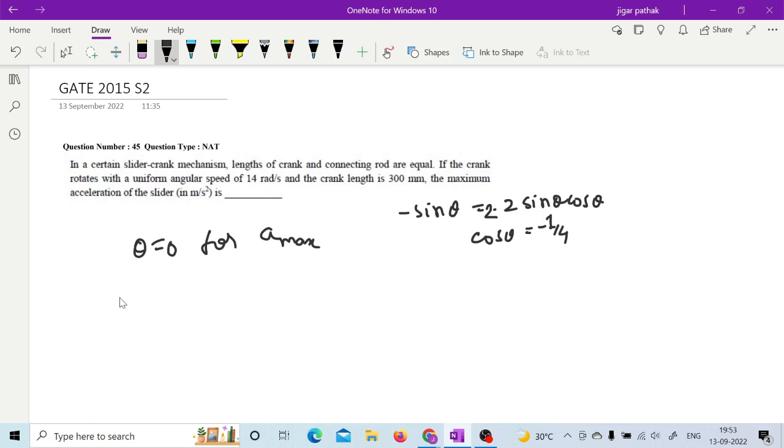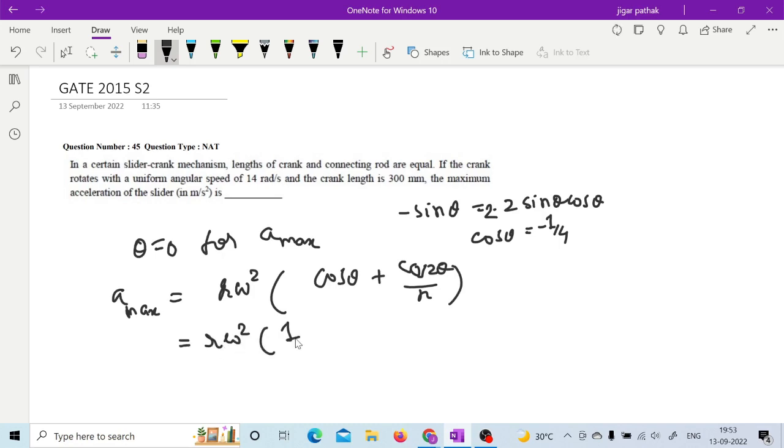Okay, sir. So if we take theta equal to 0 for maximum acceleration, then in our equation r omega square, cos theta plus cos 2 theta by n, when you put theta equal to 0, you will find r omega square times 1 plus 1 by n. You are having n equal to 1, so ultimately it is 2r omega square.